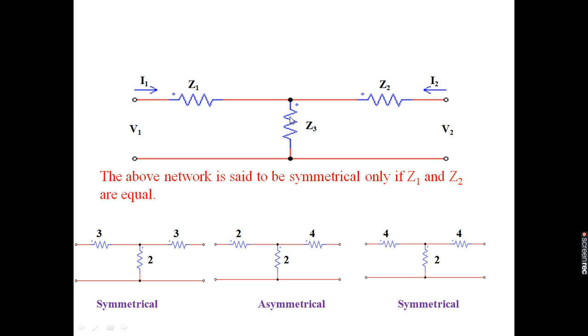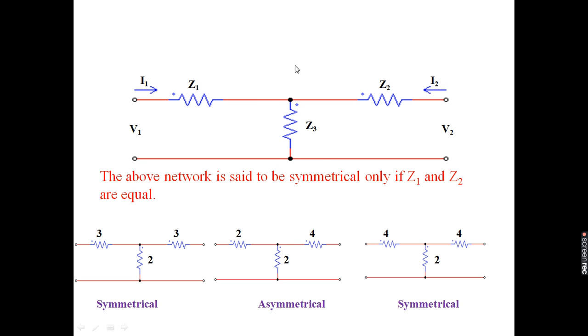So as per our definition for symmetrical network, we can say if this Z1 is equal to Z2, then this network is symmetrical network.